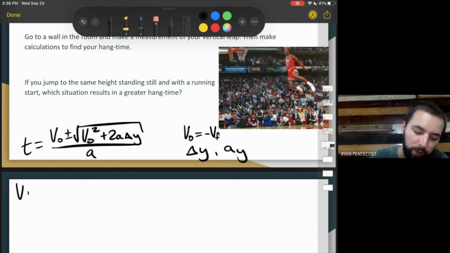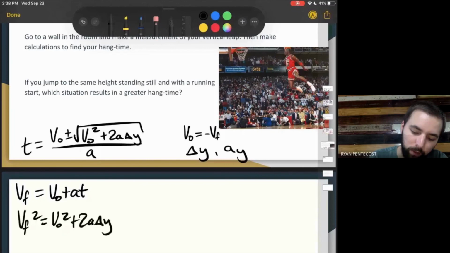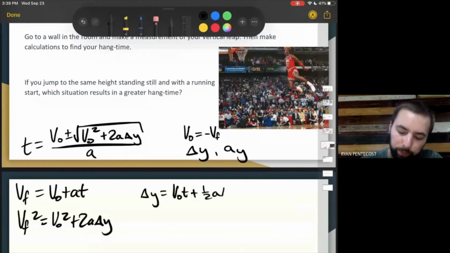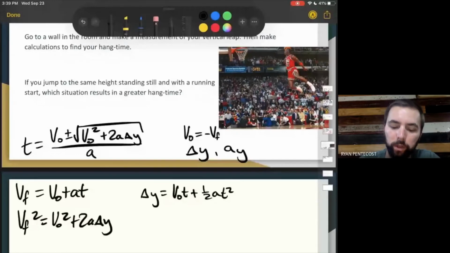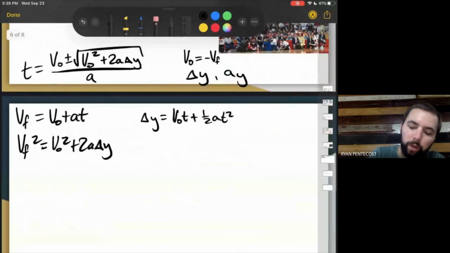We have v final equals v naught plus at. We have v final squared equals v naught squared plus 2a delta y. And we have delta y equals v naught t plus 1/2 at squared. So this is going to be a common strategy for type 2 projectiles or something similar. We're going to imagine that you are at the top of your jump and coming all the way down, right?